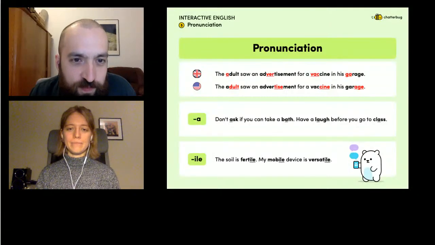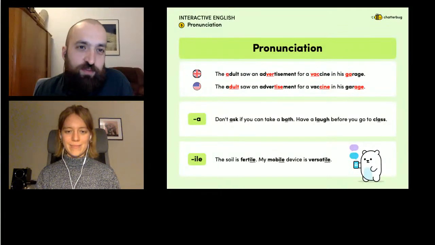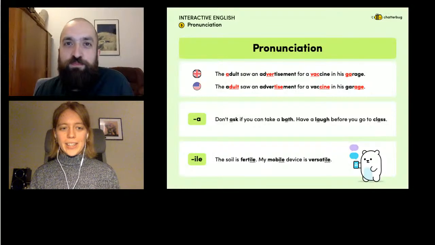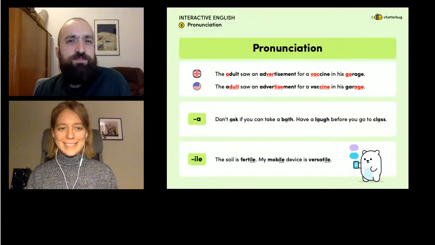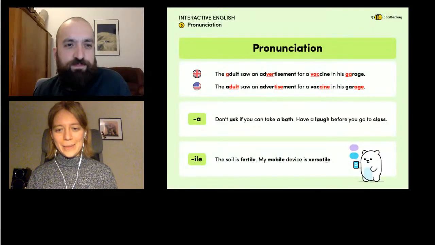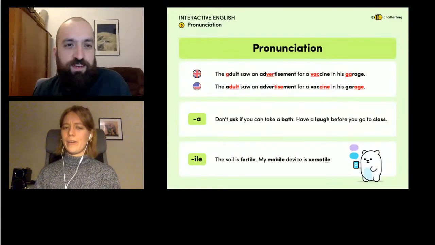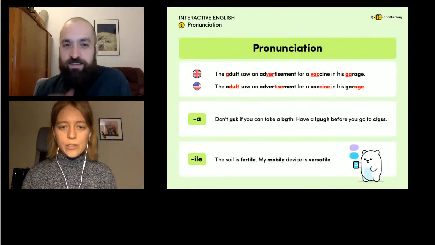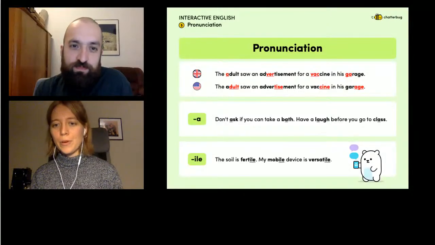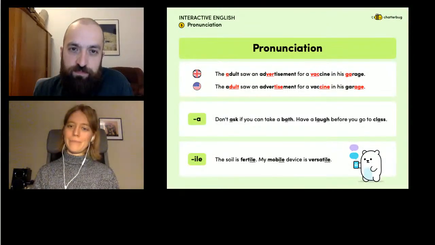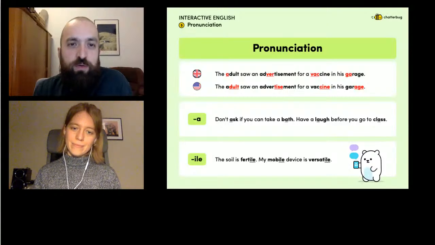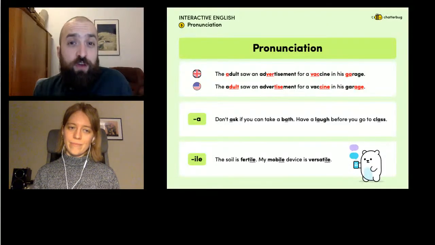Next one. Could you read that one? In the British or American? As you like. I'm going to go with the American accent because I do not know how the British would say this. The soil is fertile. My mobile device is versatile. Versatile, yeah. We say the soil is fertile.